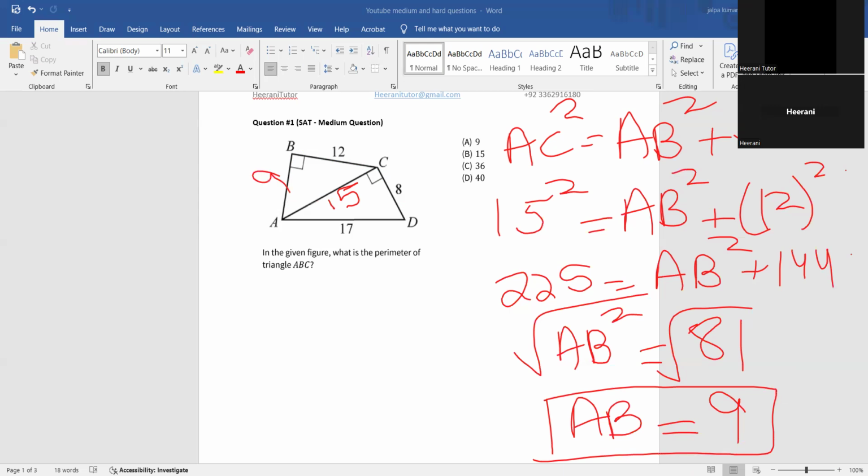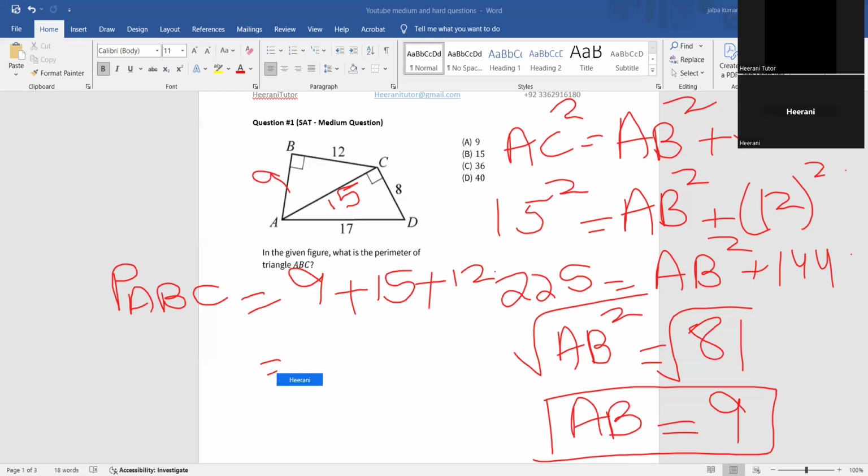So we can easily find the perimeter, which is perimeter of triangle ABC is equal to AB is 9 plus 15 plus 12. That gives us 27 plus 9 is 36. So our answer is option number C.